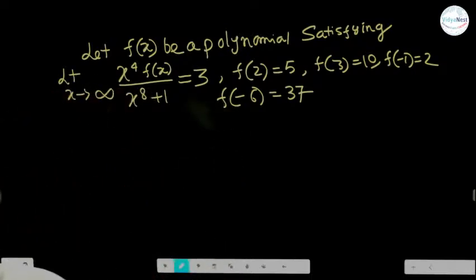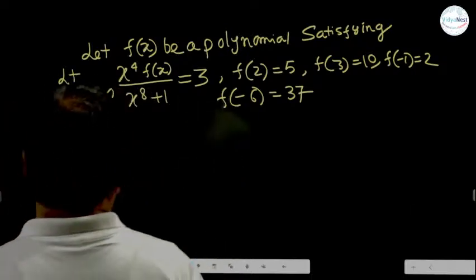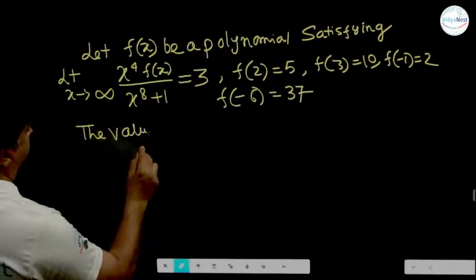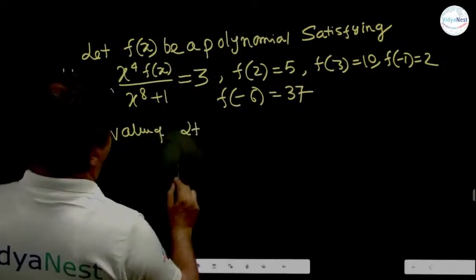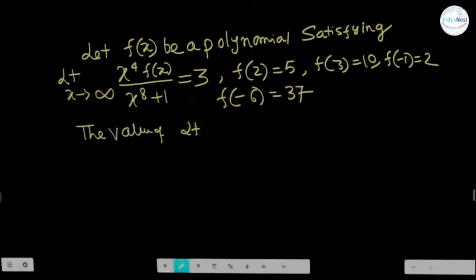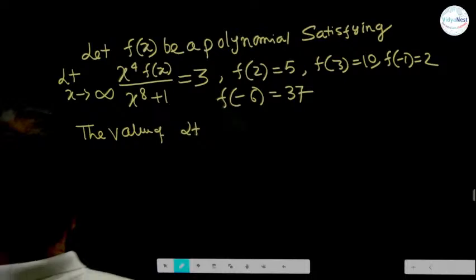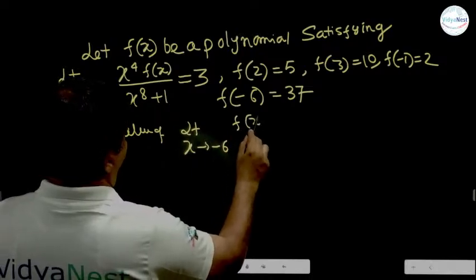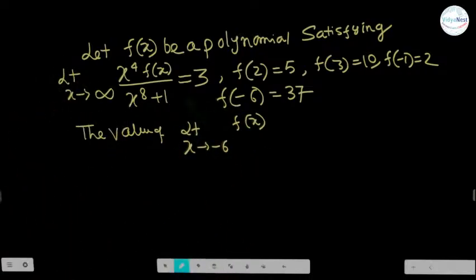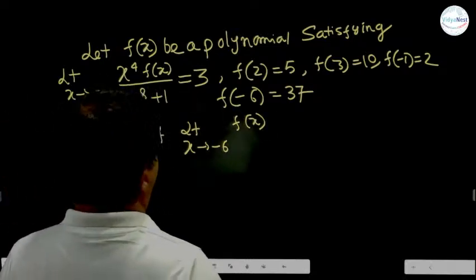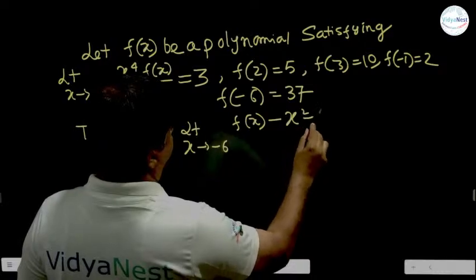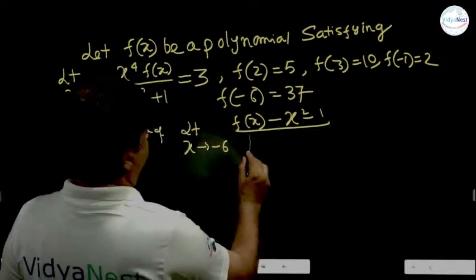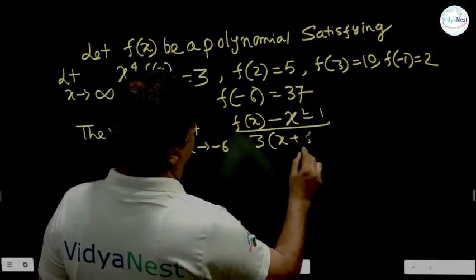You are told to find the value of limit x tends to -6 of (f(x) minus x square minus 1) by (x plus 6).